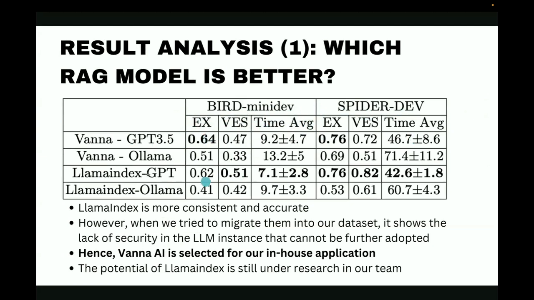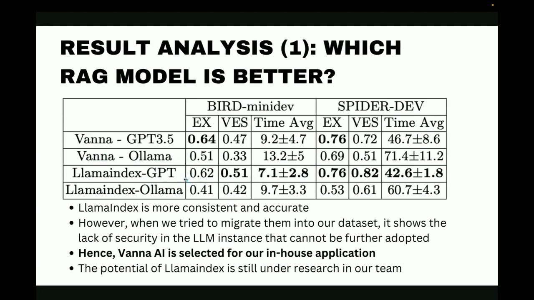Out of all of them, you see LlamaIndex, the framework in red, with the backbone of GPT-4 that we run in Azure, consistently performed better on most of the metrics. And we decided LlamaIndex is actually the best.